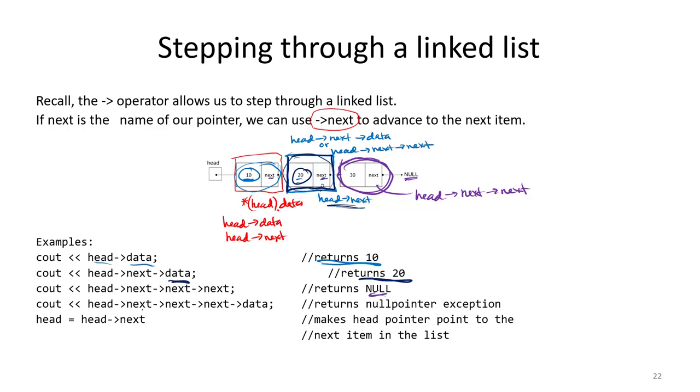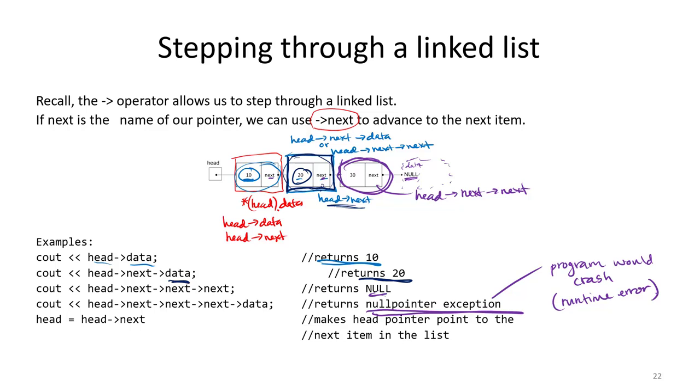Notice what happens here though. If I say head arrow next arrow next arrow data, as if there was another node here, we would get a null pointer exception error and our program would crash. This is a runtime error. So it's important to remember that you can't try to access memory at memory address 0.